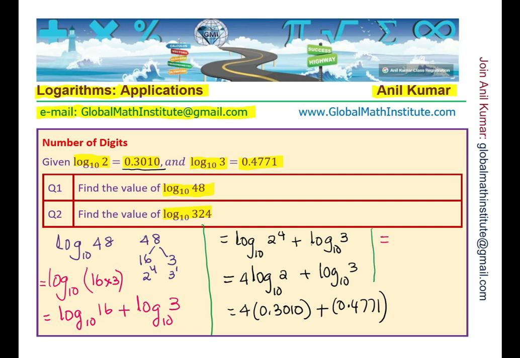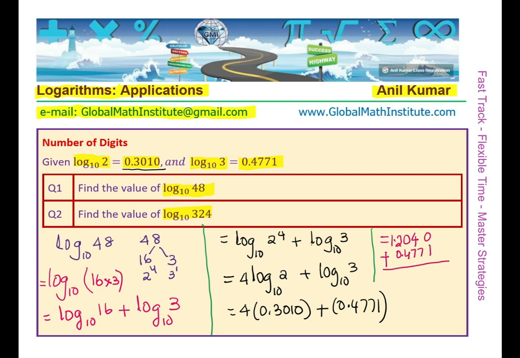So moving forward, let's add these numbers and get the result. 4 times 0.3010 is 1.2040. And to this, we are going to add 0.4771.